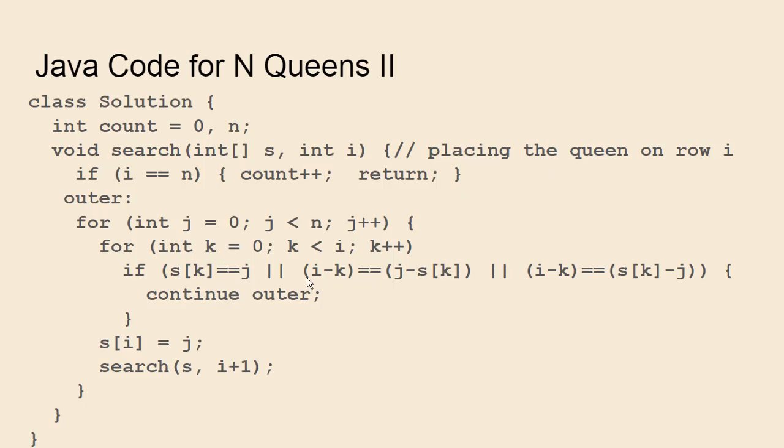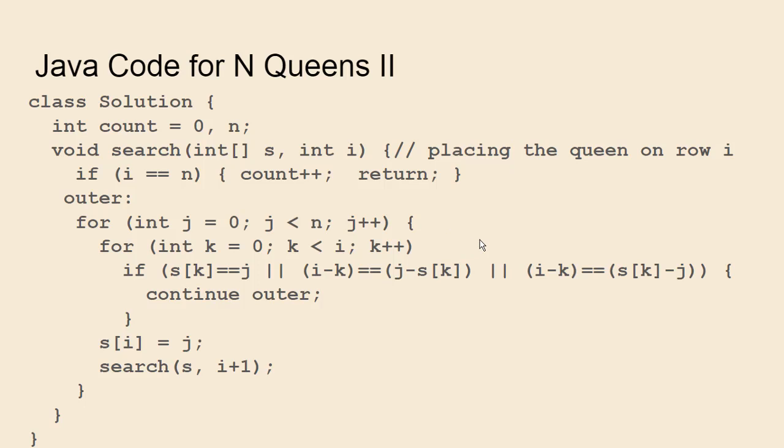The logic for checking the diagonal is maybe a little bit tricky, and I don't really have a very good succinct explanation. I think you take a board, place the queens, and then you can see.